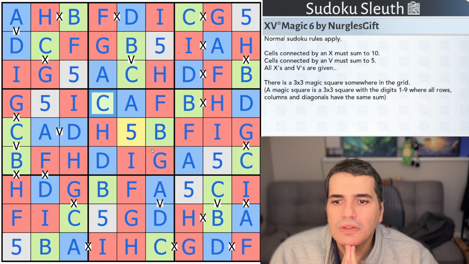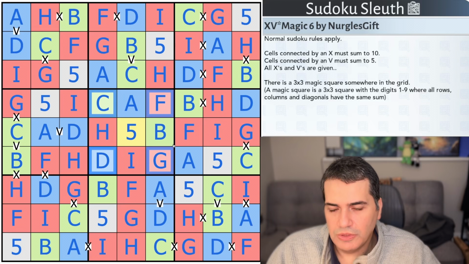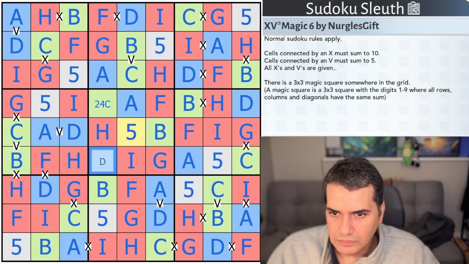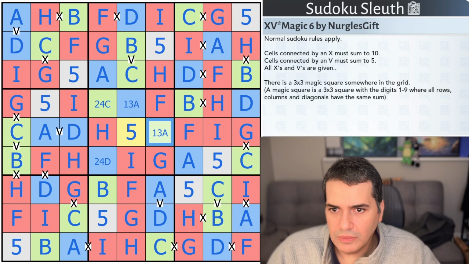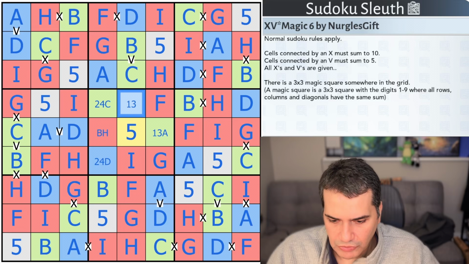So what did I say earlier? That the even digits have to be on the outside. So the C and the D are essentially the 2 and 4. This is the 1 and 3. This is the 1 and 3. Therefore, this is... Sorry, I kind of messed it up.